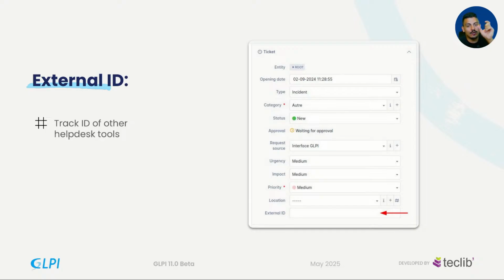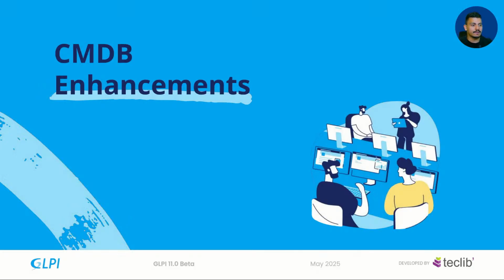You can use this external ID field to relate tickets between systems. It's a good way to track tickets in different scenarios where you don't use just your GLPI to provide support to your clients.